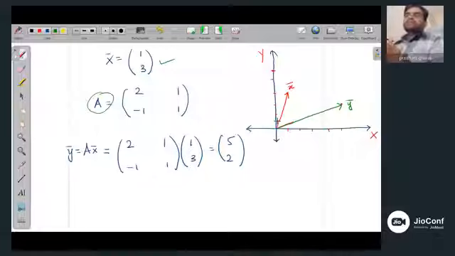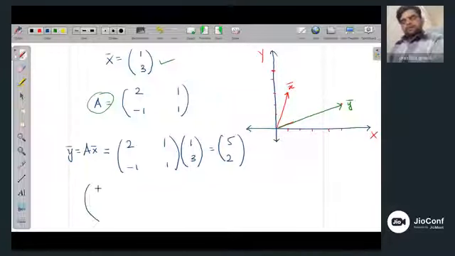In matrix analysis, or in linear algebra, those who have studied it have learned this matrix: cos theta, minus sin theta, sin theta, cos theta.